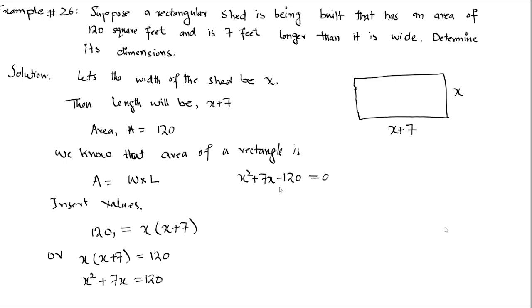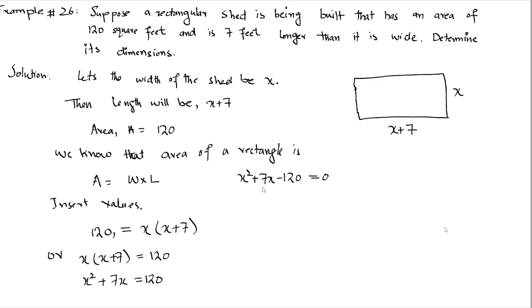Now this is a quadratic equation in standard form, ax square plus bx plus c is equal to 0. Now we can solve this equation by using any of the solution methods for a quadratic equation. I will use the method of factorization.